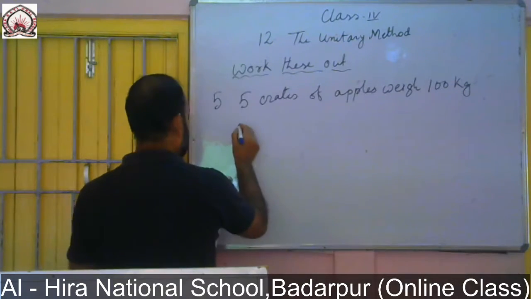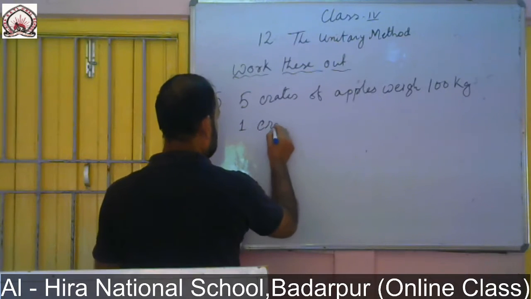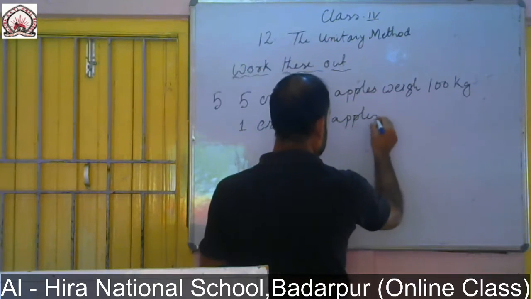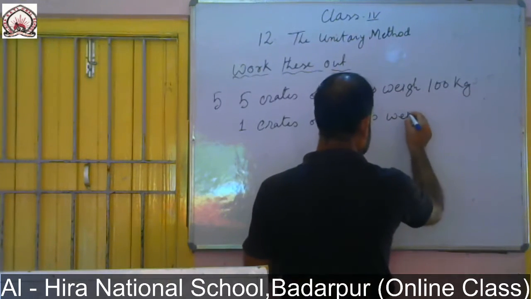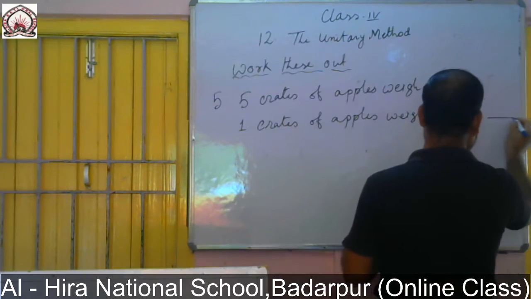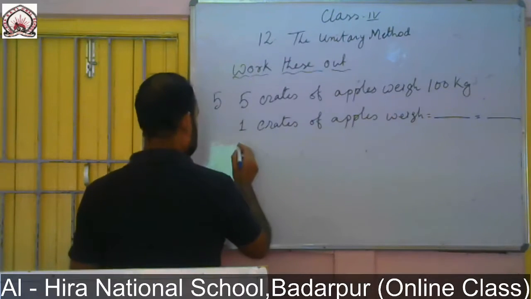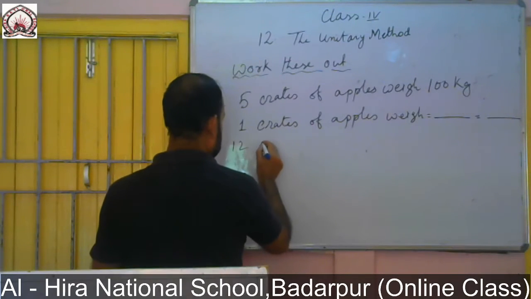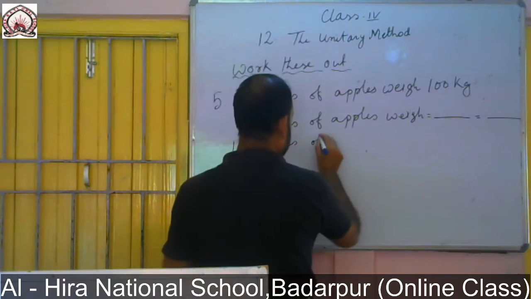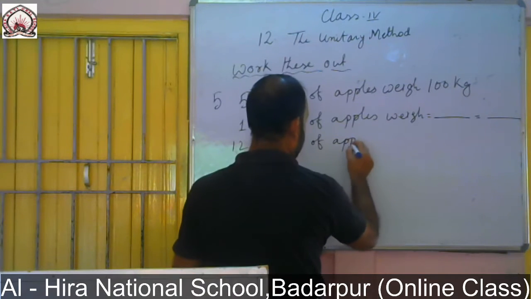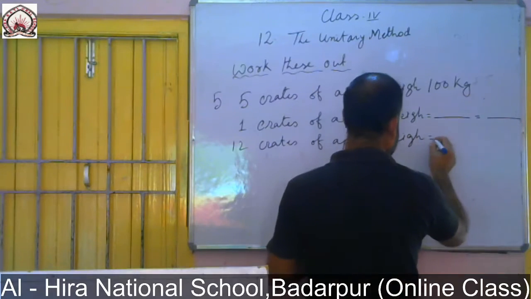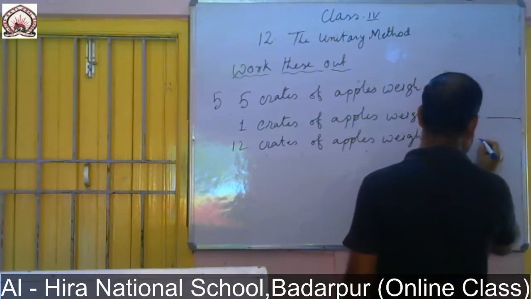We take out first 1 crate of apples weighs equal to dash. Next, 12 crates of apples weigh equal to dash.